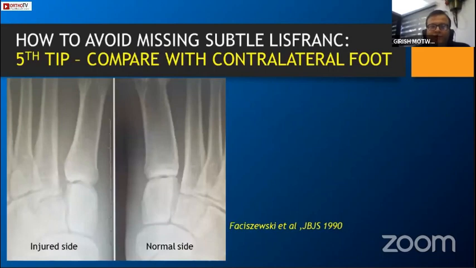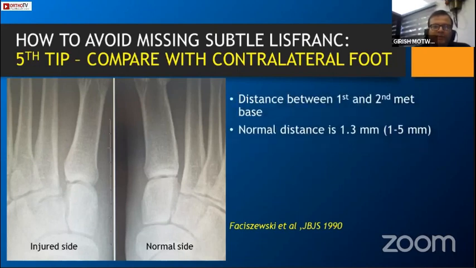Tip number five: if you still have confusion, always try to get a comparison with the contralateral normal X-ray. As you can see here, this is the injured side and this is the uninjured side. The distance between the first and second metatarsal at the base should be 1.3 millimeters plus minus 2.